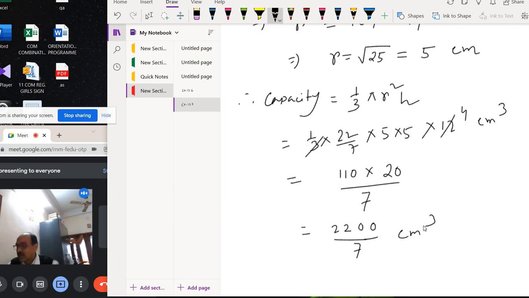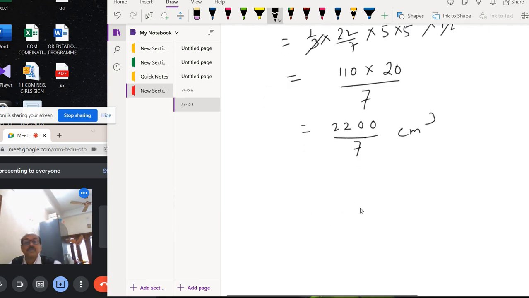Now convert into liter, divided by 1000. So equal to 2200 divided by 7 into 1000 liter. The zeros cancel.